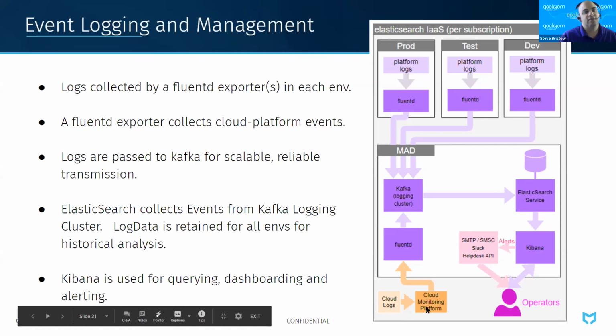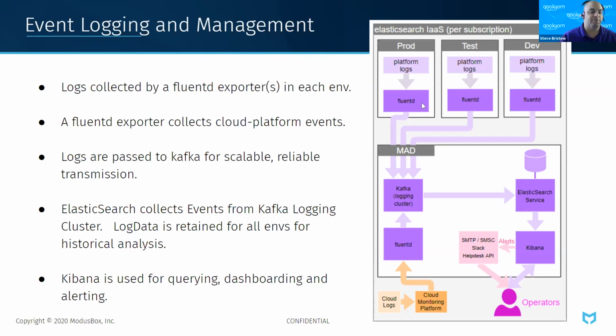This includes changes from the cloud monitoring platform, such as administrative changes to VMs, as well as environmental changes from a configuration point of view and application logs. The Kibana dashboard is used for querying and generating alerts from the platform.